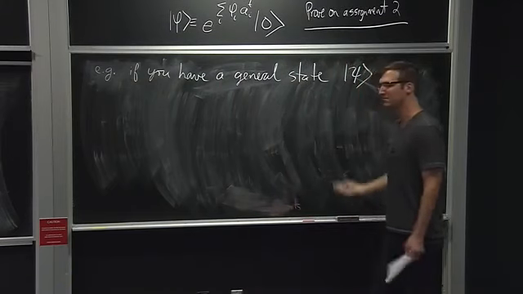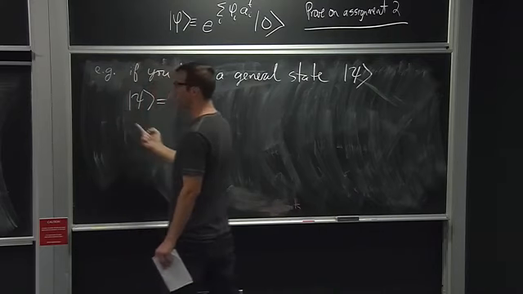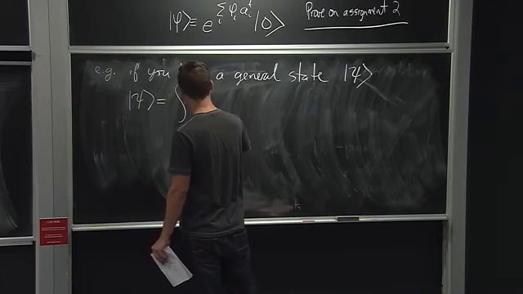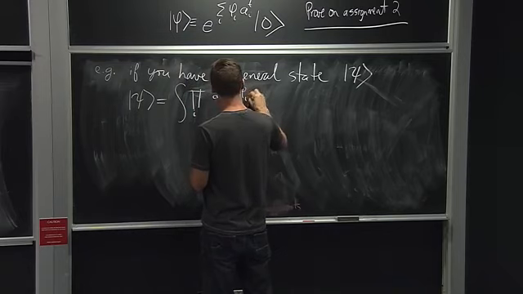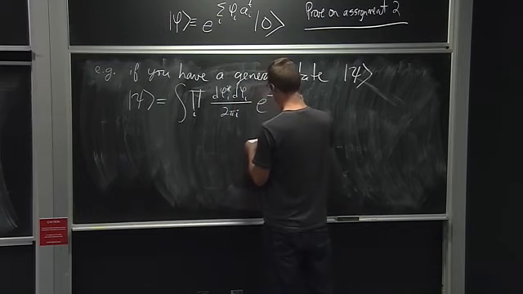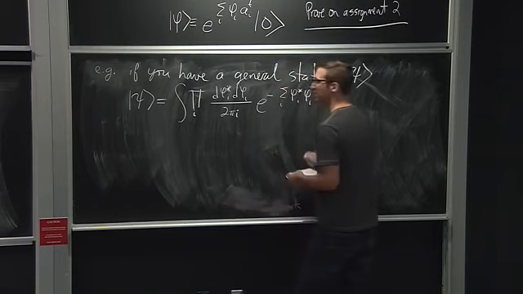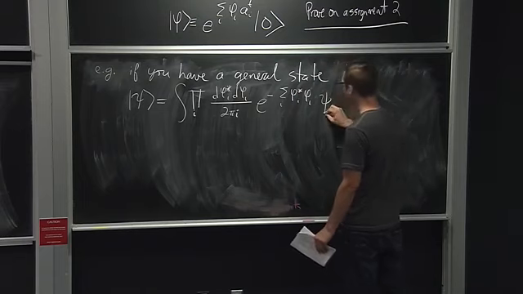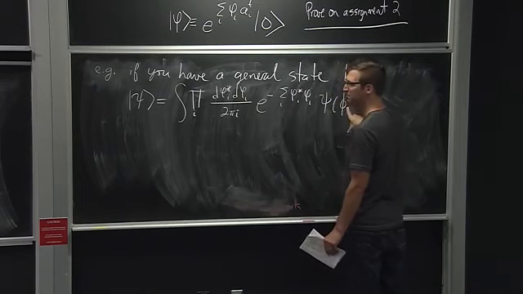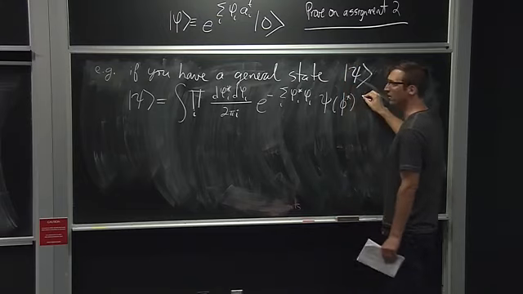I don't know, I'll just call it psi. Inserting the resolution of the identity in front of this thing will just give you basically the wave function written in that basis, which I'll write like this for now.